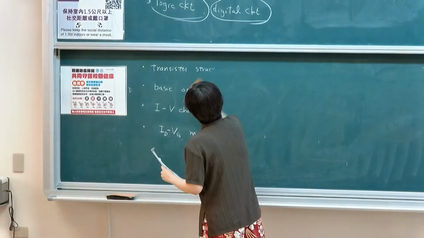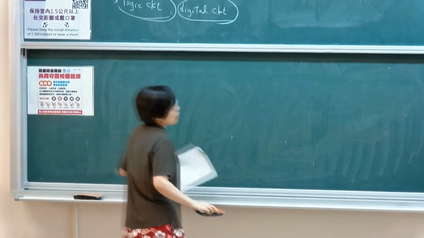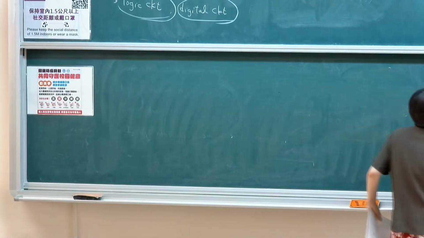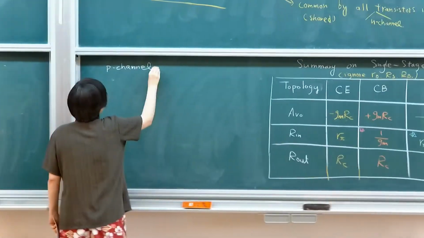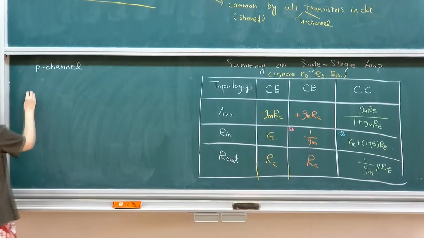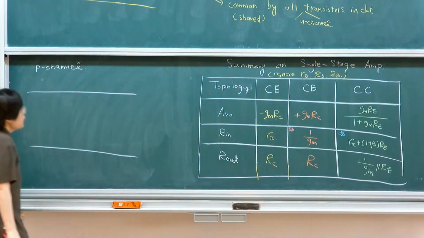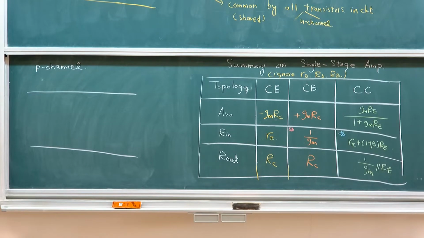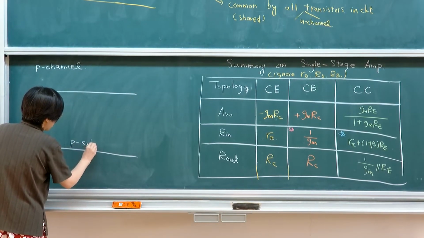So we can also do the p-channel counterpart. Let me do it in the top. For p-channel, if I'm drawing the cross-sectional view, typically, if you start with one type of substrate and you want to make a p-channel, you need to build something called a well. So I'm starting with a p substrate.